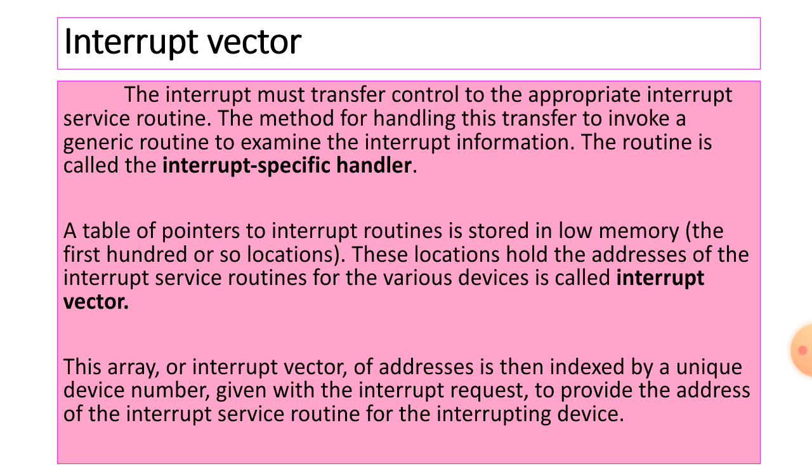This location holds the addresses of the interrupt service routines for various devices and is called the interrupt vector. This array or interrupt vector of addresses is then indexed by a unique device number given with the interrupt request to provide the address of the interrupt service routine for the interrupting device.